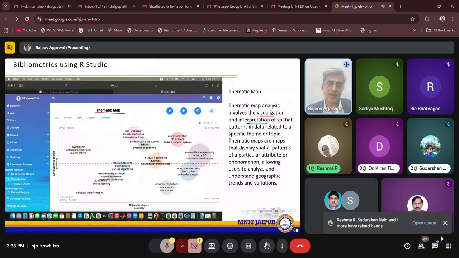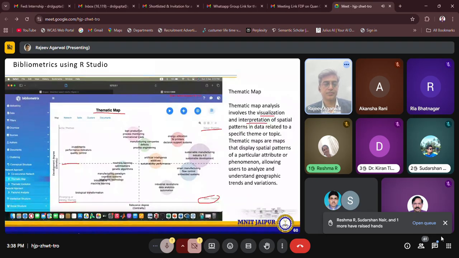This is the particular relevance. If I am working in this sustainable manufacturing Industry 4.0, this is the basic theme, horizontal axis, and basic theme. This is development degree. This is the motor themes. These are the emerging themes.